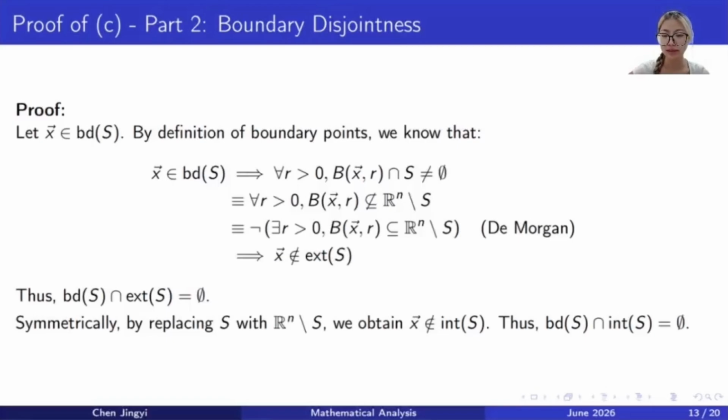Symmetrically, by replacing S with Rn except S, which is the complement of S, we obtain X not inside int S. Thus, boundary S intersect int S is also empty.